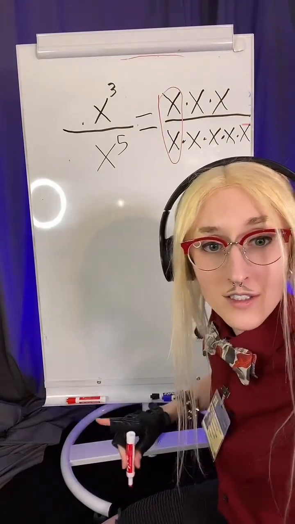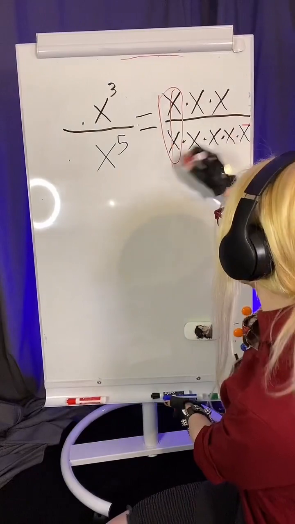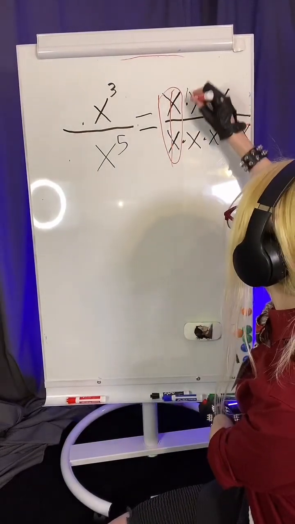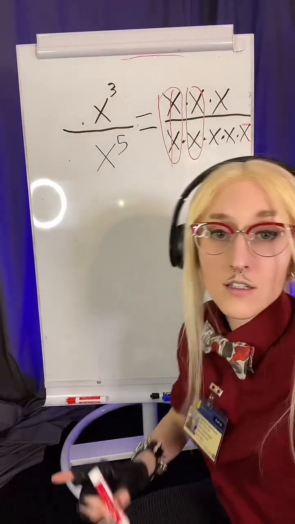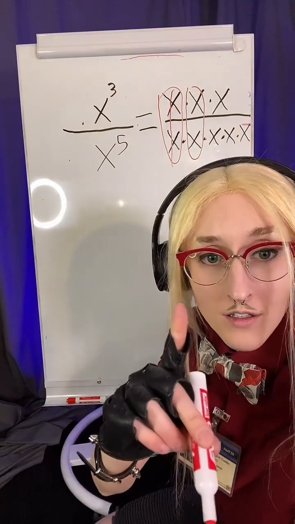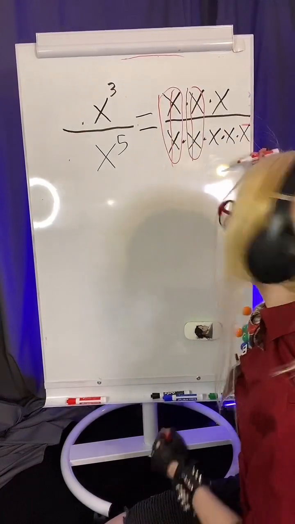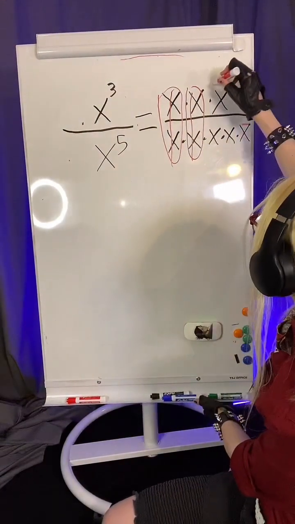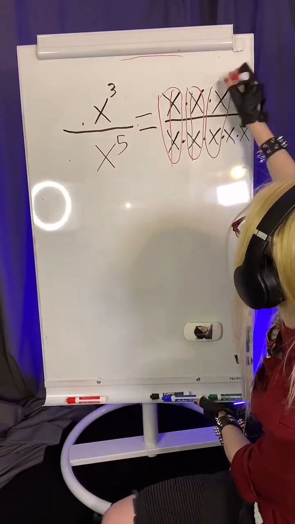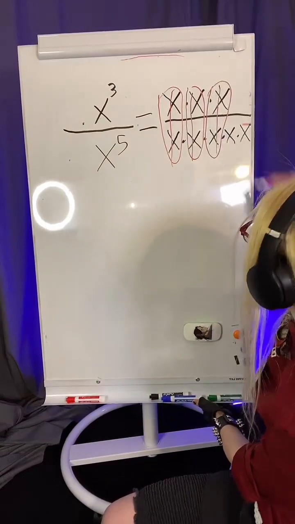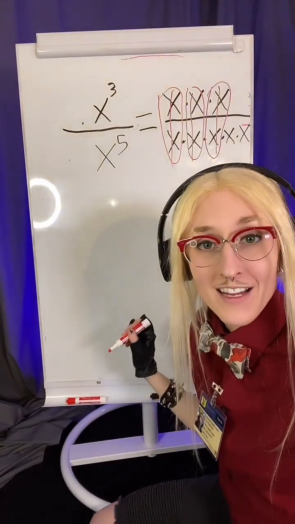That's just 1. So these guys just cancel each other out and become 1. X over x right here. There's another 1. And 1 times 1 is just 1. Also, hi, Crow. And then I've got another one right here. Look at that. I had so many 1s just hiding out.